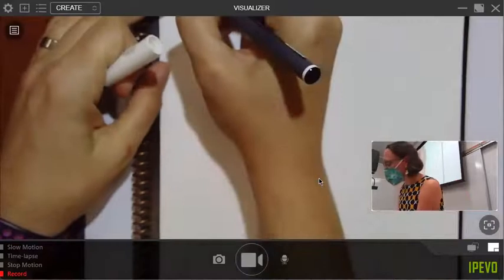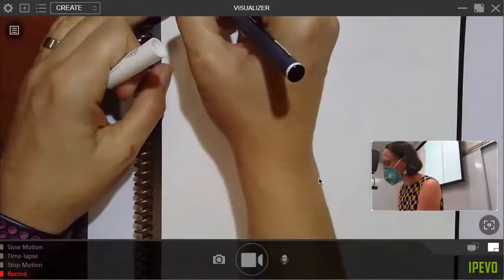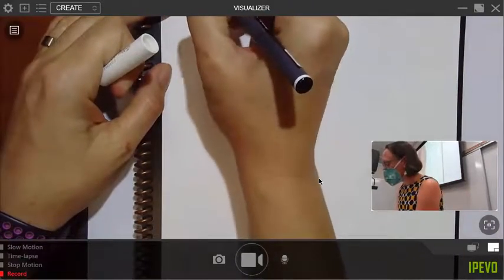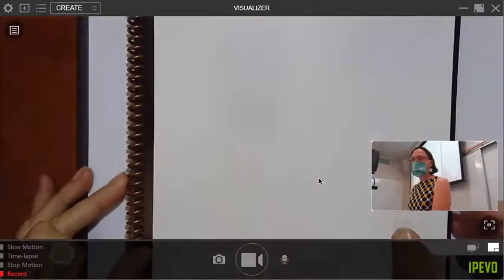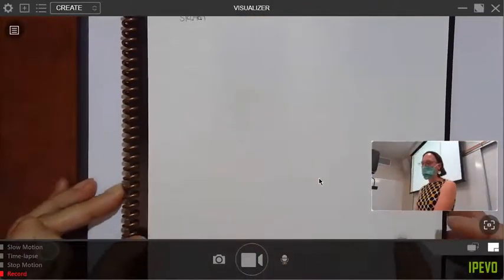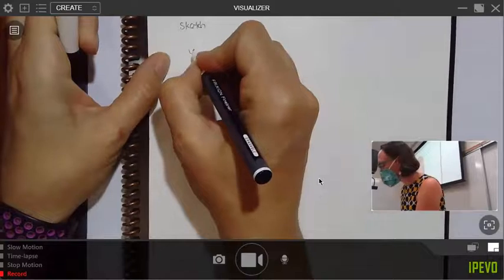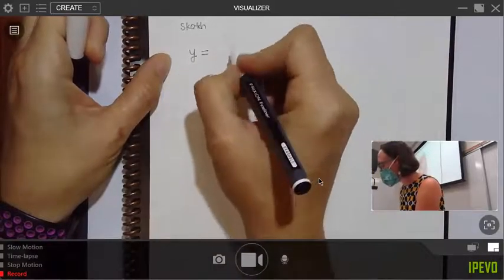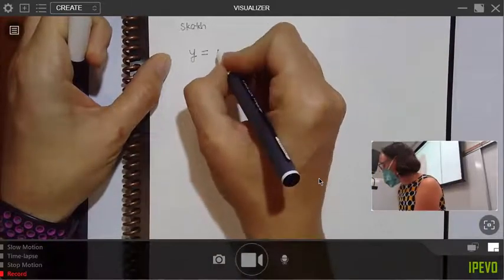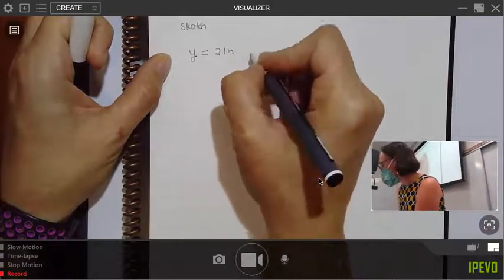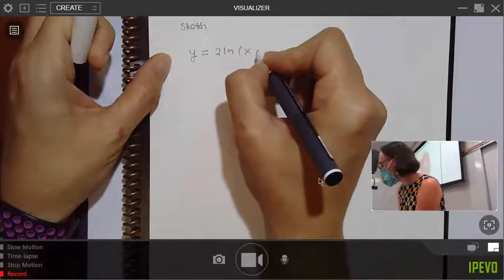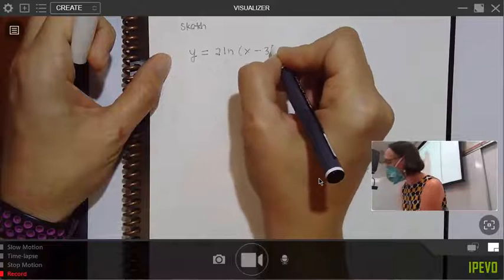So let's say that I wanted to sketch y equals 2 ln of x minus 3.